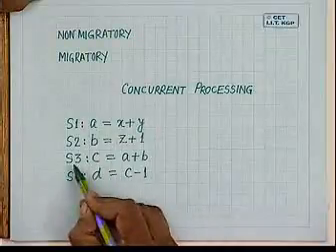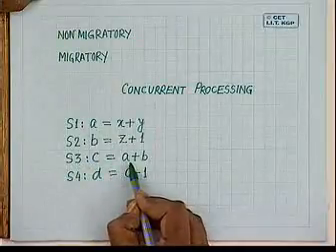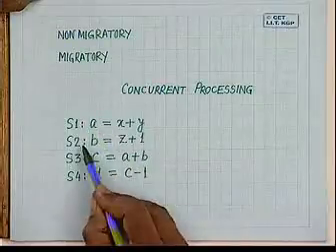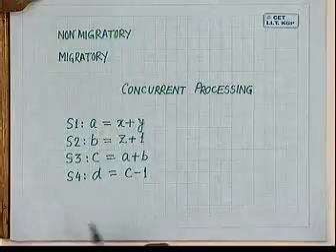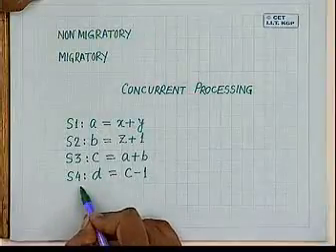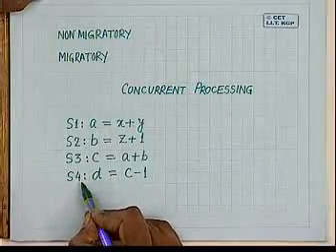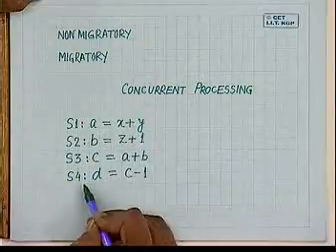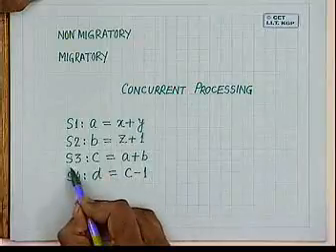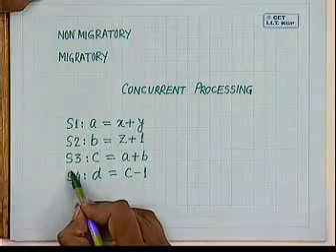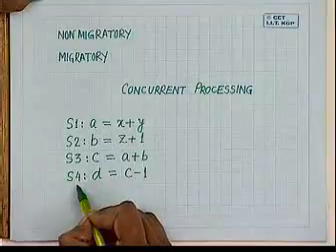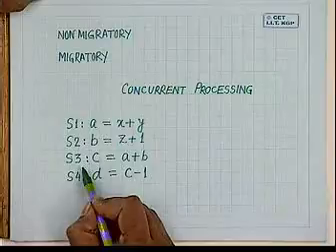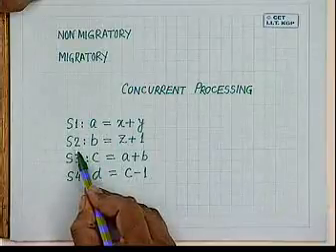Again, C is computed in S3, which makes use of A and B; A is computed in S1, B in S2. So S4 cannot be computed before completion of S3, because the value of C used in S4 is decided in S3. So S4 cannot be computed before S3, and S3 cannot be computed before S1 and S2.